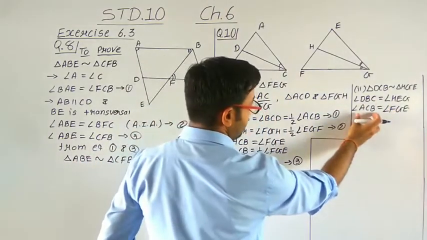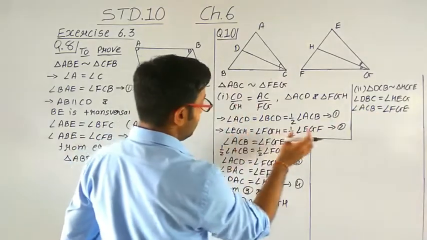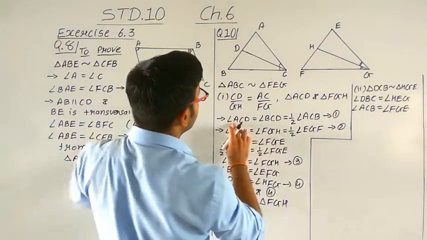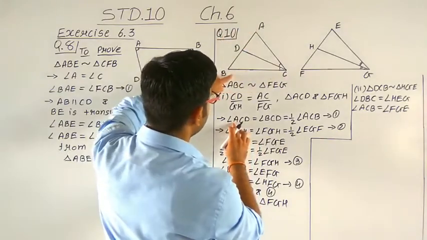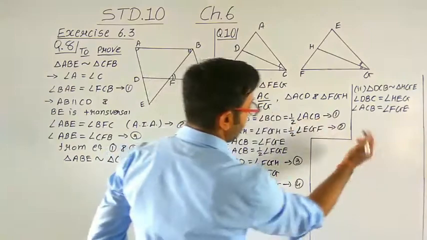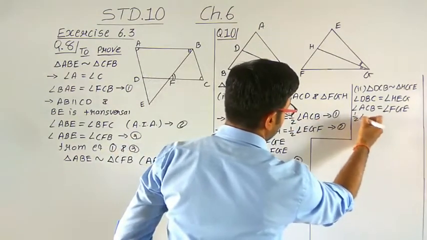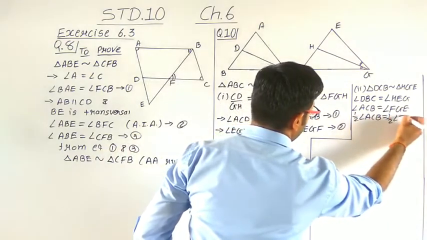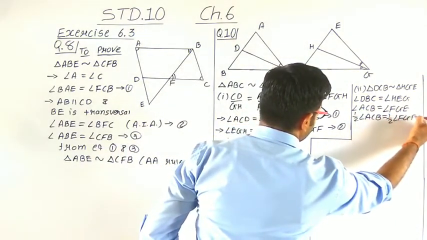Now angle ACB is divided into two parts. So if we take one half of angle ACB, here also we have to take one half of angle FGE.